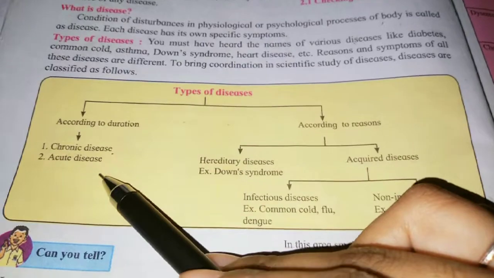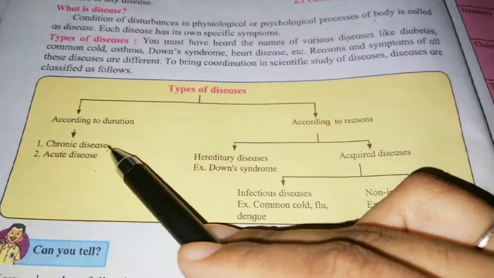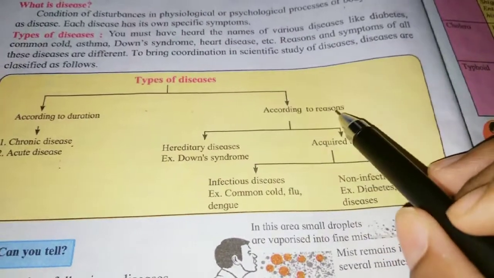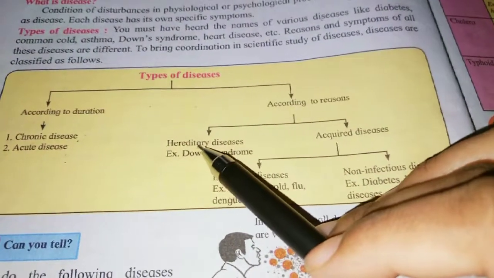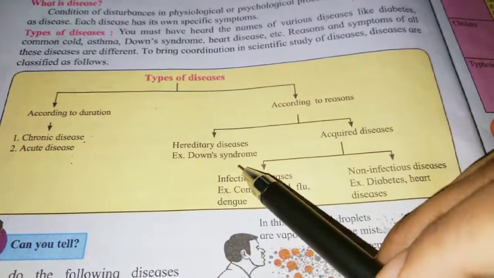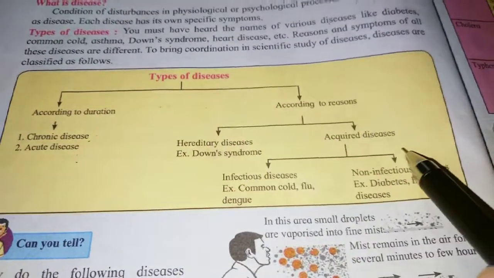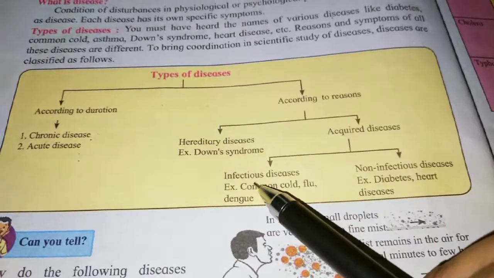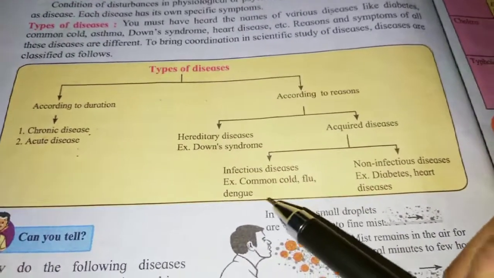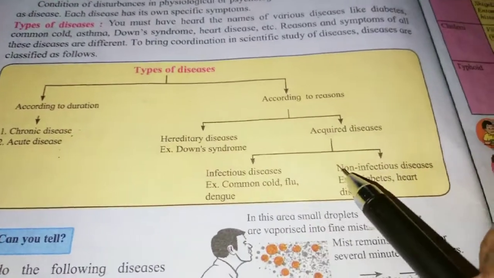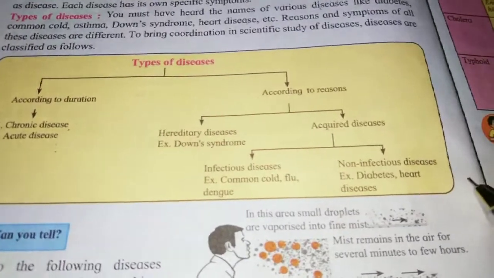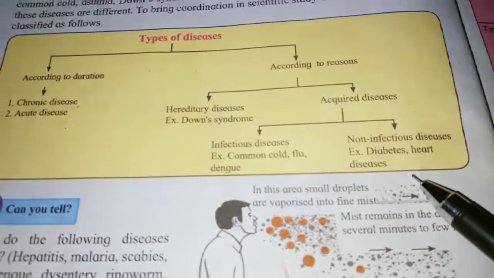According to reasons: hereditary diseases, example Down syndrome, and acquired diseases. First is infectious diseases, example common cold, flu, dengue, and non-infectious diseases, example diabetes, heart diseases.